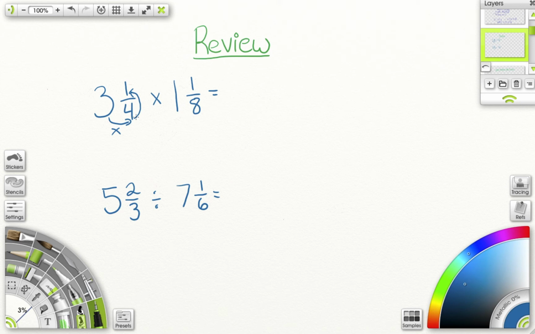So 3 times 4 plus 1, so 3 times 4 is 12, plus 1 is 13, and my denominator stays the same as 4. I do my next fraction, which is 1 times 8, which is 8, plus 1 equals 9 over 8.